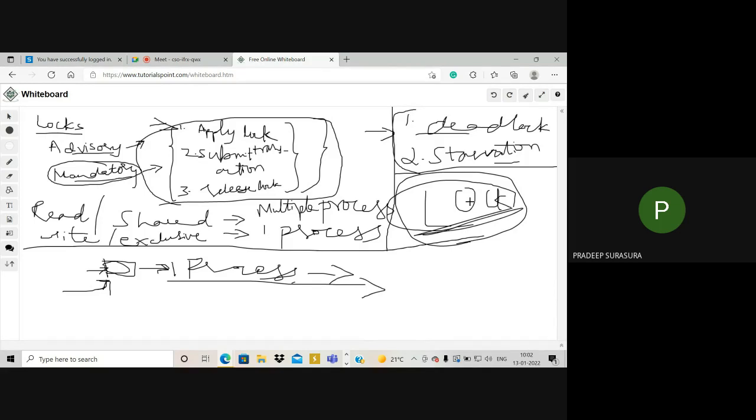Now, my intention of asking you this is that locks can be utilized more effectively. How we can make efficient usage of locks, we will discuss now. That is why I asked you in what way we can take care of the accessing and all that.